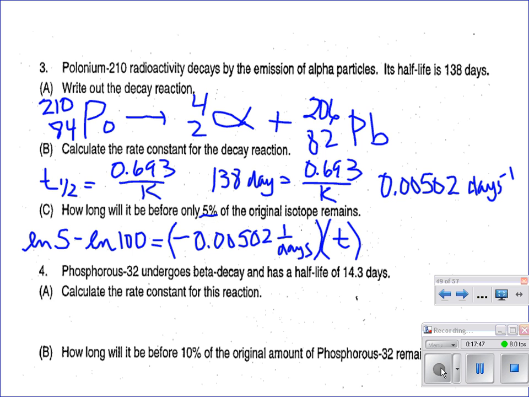And what unit will that be in? Days. How many days? Give me 1 sig, I guess. 6. Well, no, let's do 3 sig because of the 138. 597 days.